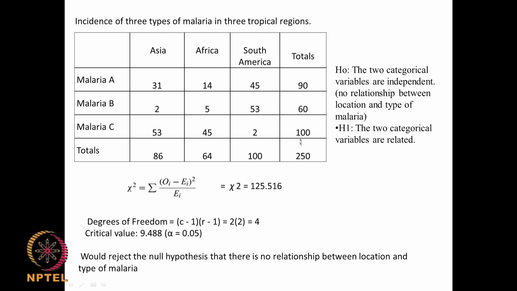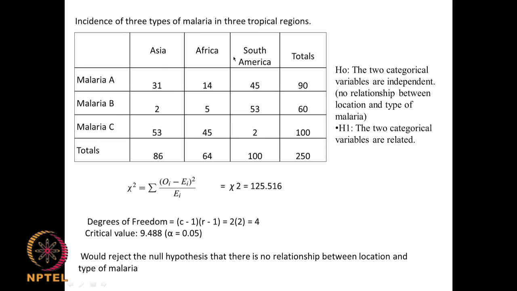This is what is observed, okay. The expected, we expect all the malaria to be the same. That means the H naught will be that the 2 categorical variables, the type of malaria versus the type of continent, should be independent; there should not be any relationship.